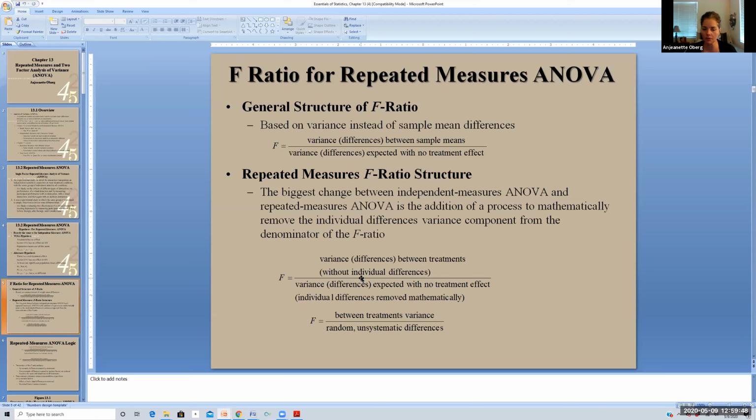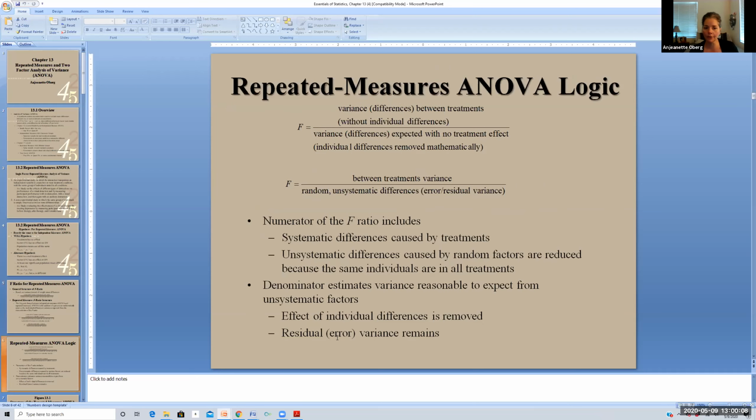And the denominator is looking at what are the differences without the treatment effects? So what is the residual or leftover? We talk about those as random unsystematic differences, or sometimes as error, okay?